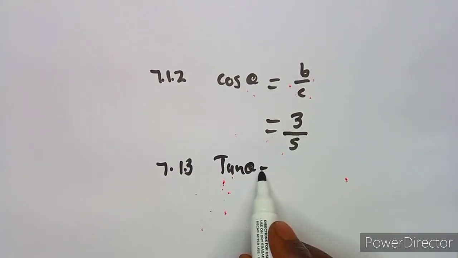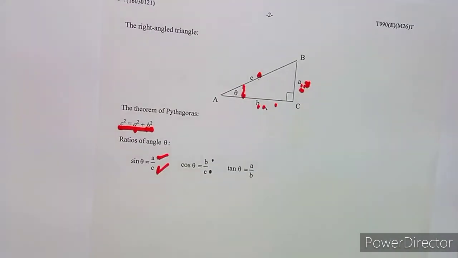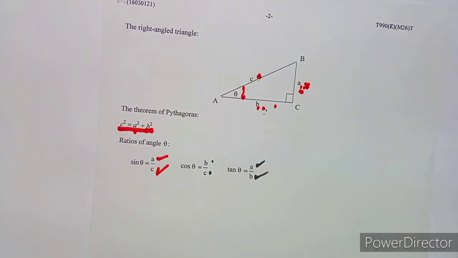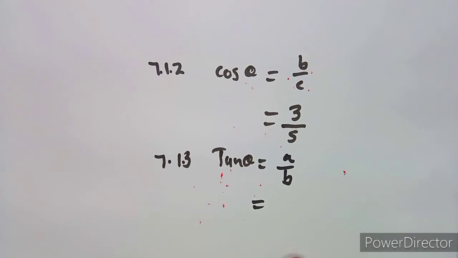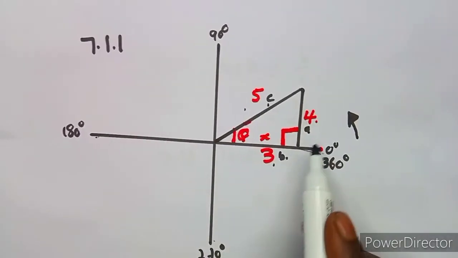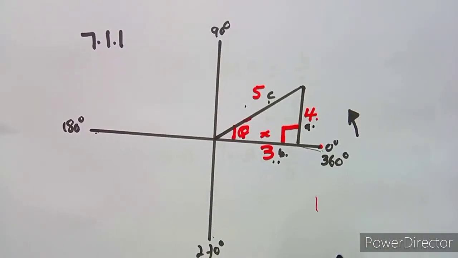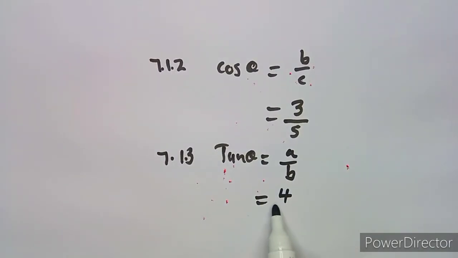So tan theta. All right, so we are going back to this part here. Remember, tan theta is a over b. That's a over b, like that. All right, so tan theta is a over b, which is equal to our a. In this case, this is our a, which is 4, our b is 3. So it's 4 over 3.